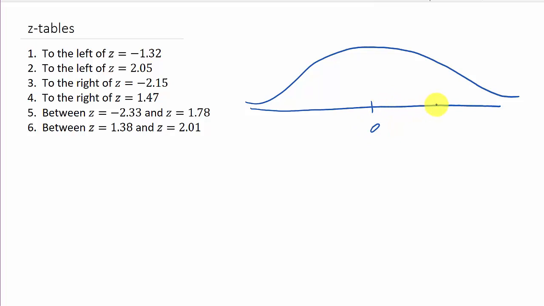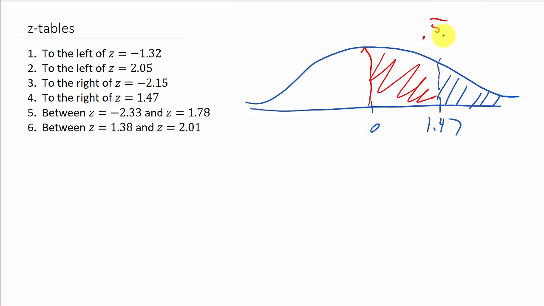So number 4, we've got 1.47, and we're looking for the area to the right. This is actually what we did in the last problem, to the left of negative 1.32. Remember, when we look up this value, it's going to give us this area right here.